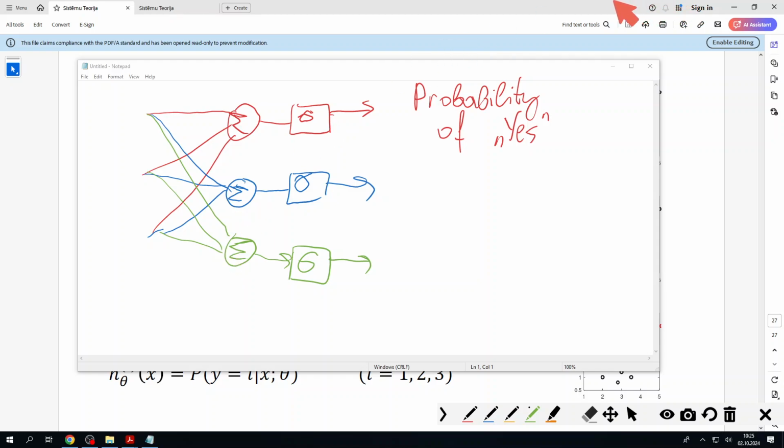However, it is still not, because each of these outputs, either green triangle or blue square or red cross, are independent. Independent in a sense that when you decide if this is a red cross or not, in no way do you consider other outputs. So this is the topic for today, that's where we are going to stop.